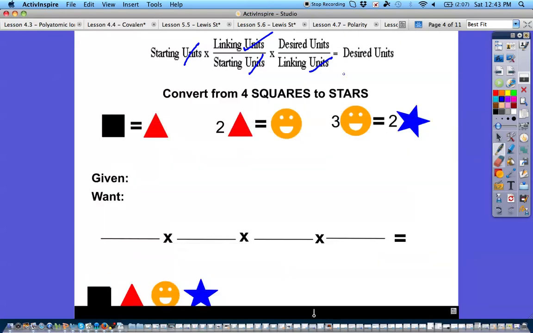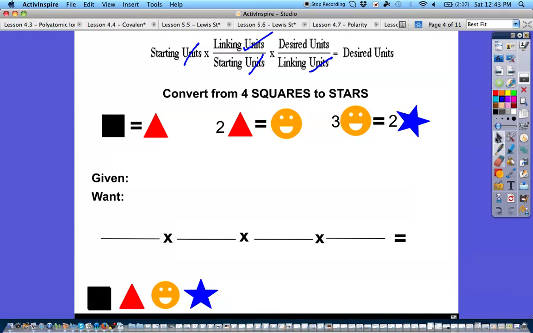So here's a problem. You don't have this in your notes, but it's a visual representation of what we are doing. We want to convert from 4 squares, and we want to find out how many stars that is equal to. So we are given 4 squares, and we want to know how many stars that is going to be.